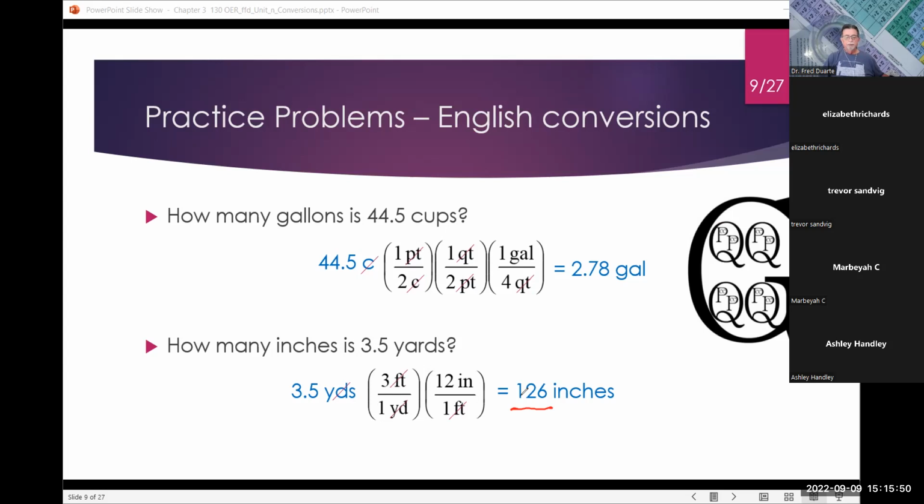You might think, well, that's the answer I got on my calculator. That is correct. If I take 3.5, multiply by 3, and multiply that by 12, I do get 126 inches. But would that be the correct answer to give with respect to sig figs? Anybody?